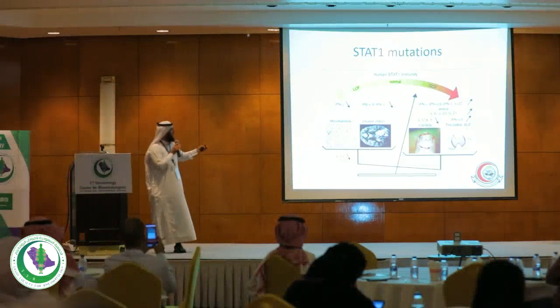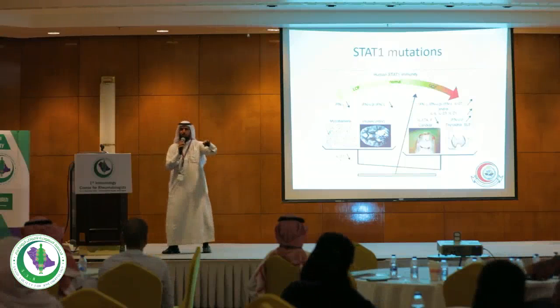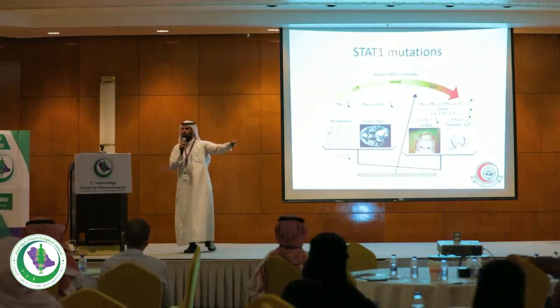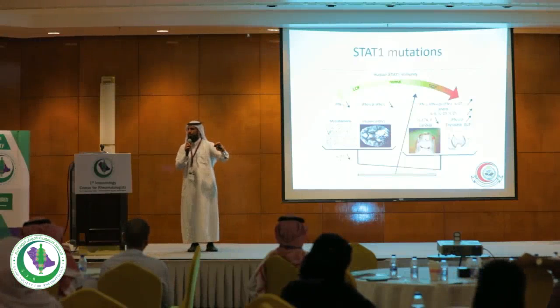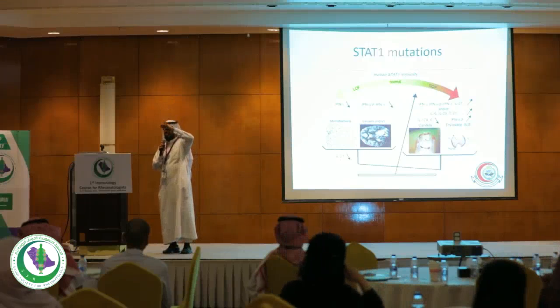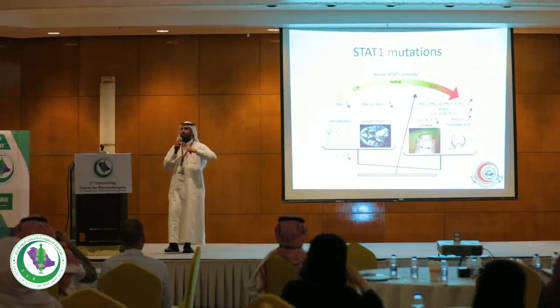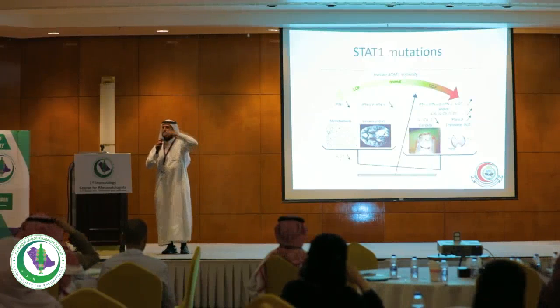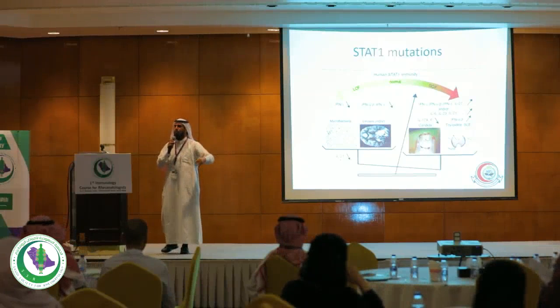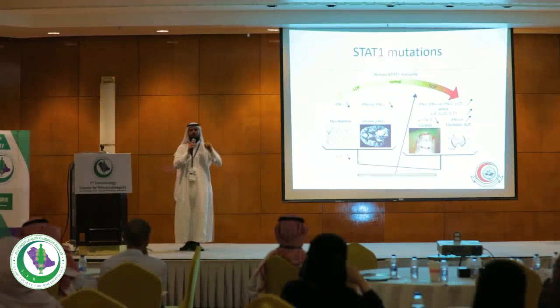So with STAT1, if you have a low STAT1, a mutation leading to STAT1 deficiency, this leads to recurrent mycobacterial and fungal infections. If you have STAT1 over-activity, a gain of function mutation, that's more STAT1, more activation. This will lead to autoimmunity, and not only autoimmunity, a lot of production of interferon.